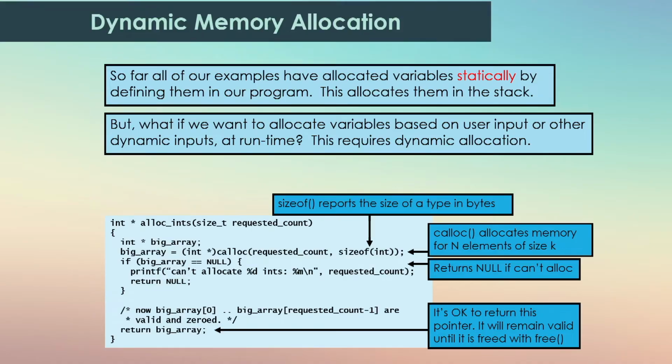Then I will simply define the array using a pointer, as int asterisk the array name, and I have to use a function called calloc. This will allocate the memory locations dynamically, upon execution of the program only.